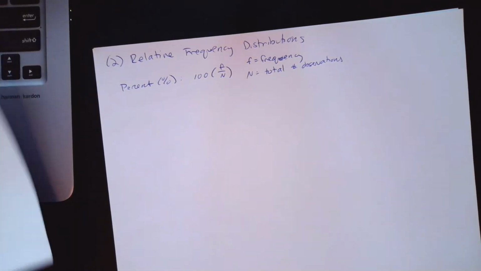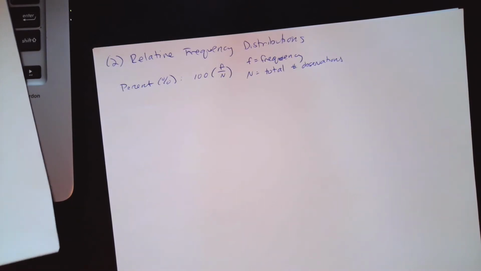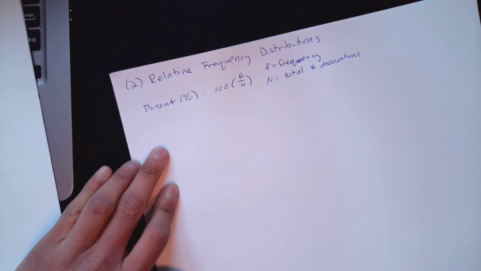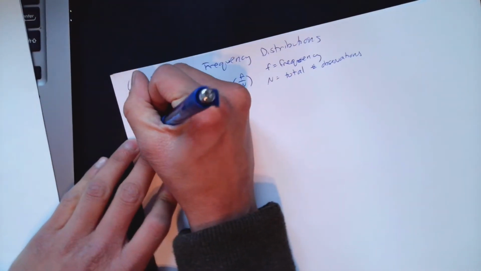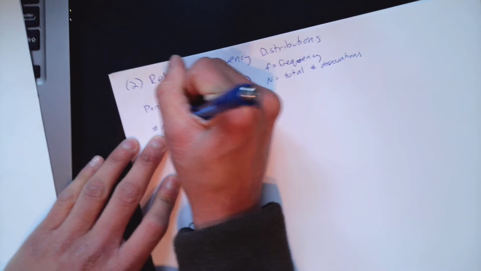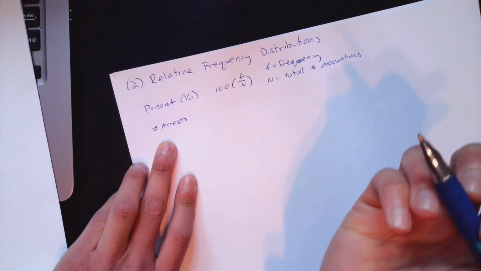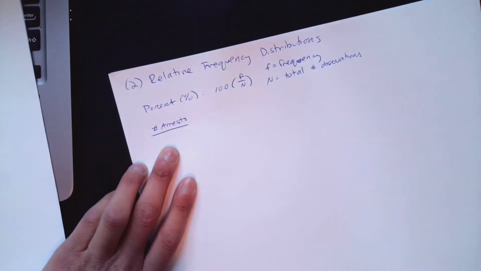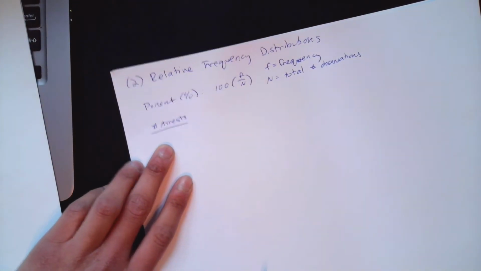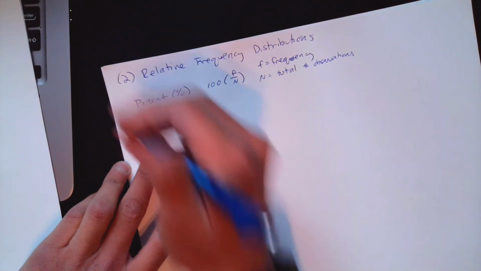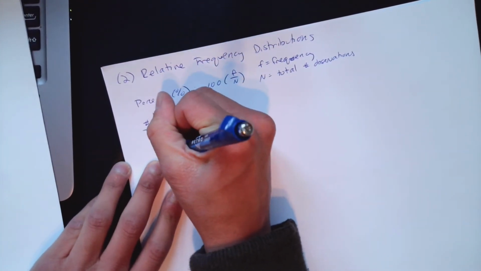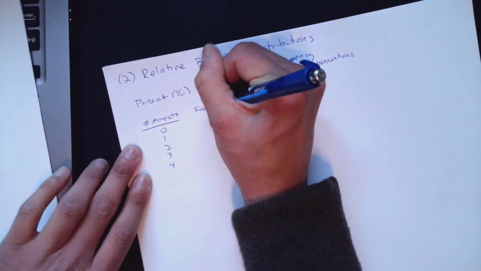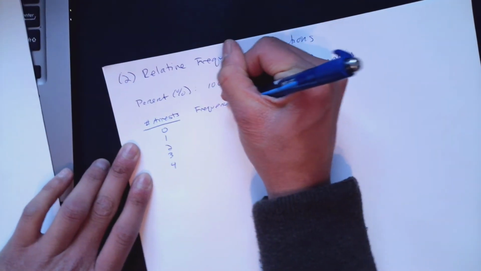I'm actually going to rewrite out the frequency distribution for number of arrests, and I'm going to use that to demonstrate a relative frequency distribution with a percent. We have number of arrests, from the same data we had in the last example, where we had 0, 1, 2, 3, and 4 arrests.